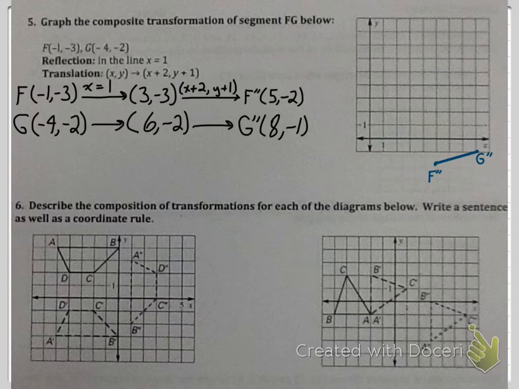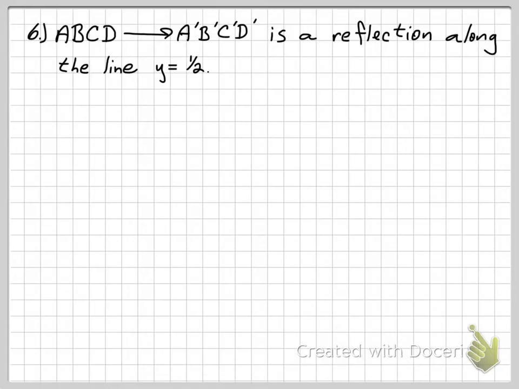All of our centers of rotation that you'll see on the test are going to be around the origin. So anyway, going from A, B, C, D to A prime, B prime, C prime, D prime, I told you, is fair game. And that one is a reflection along the line y equals 1/2.